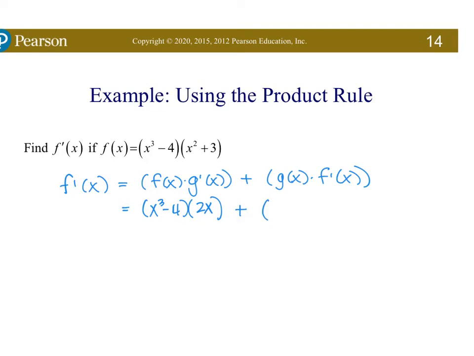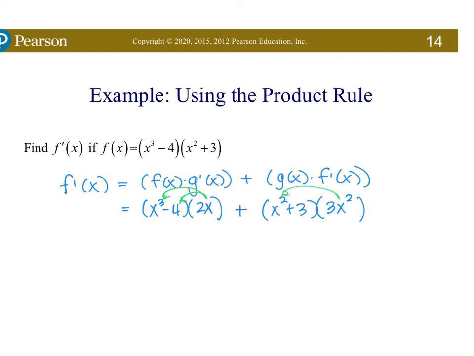And then g of x, which is x squared plus 3, times f prime, which is the power rule 3x squared minus 0. And again, the minus 0 is unnecessary. It's redundant or an irrelevant piece. All right, so that is the setup for the product rule. Now it just becomes the cleanup where we're going to do distributing.